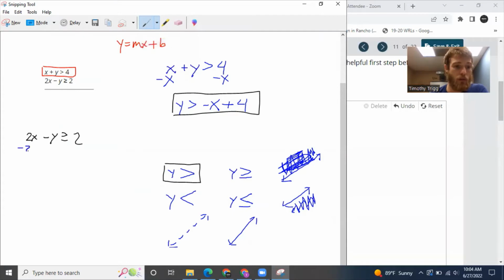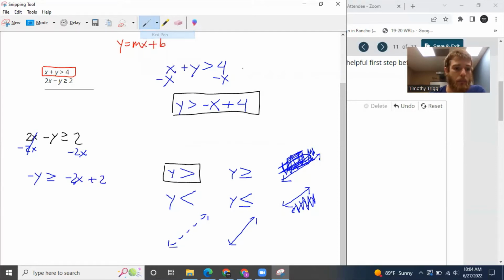So the first thing we're going to do is subtract 2x on both sides of the inequality. Inequalities work like equalities: whatever you do on one side, you have to do the exact same thing on the other side. So this cancels here. We have negative y is greater than or equal to negative 2x plus 2. We can't combine these, they are not like terms.